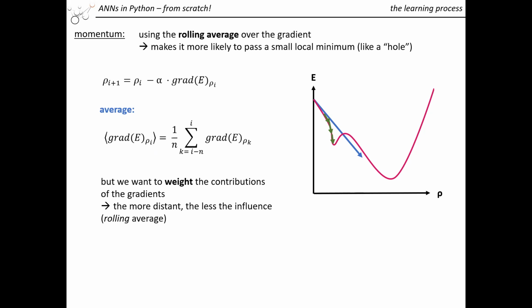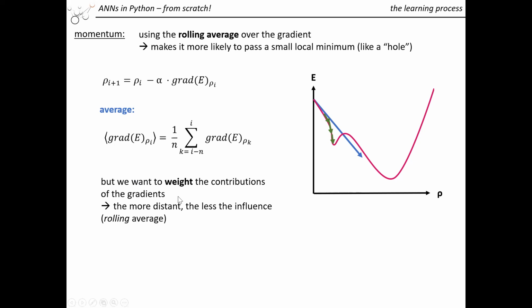So the further away the previous iterations are, the less we want them to contribute to the overall average. For the current iteration, we want a large contribution to the average, and for iterations which are further away, we want to weigh this so that the more distant the iterations are, the less they influence this average.